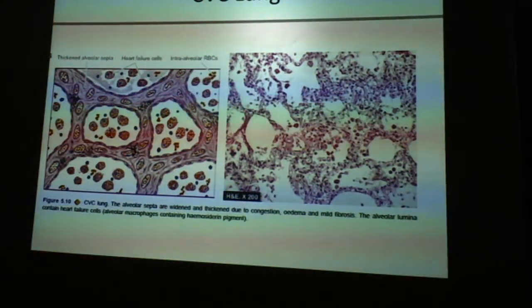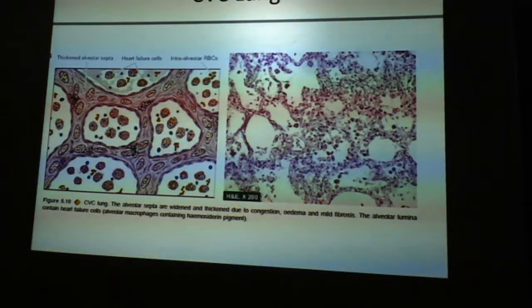These are the heart failure cells. This is the classical picture of CVC of lung tissue. Here you see the thickened alveolar septa, heart failure cells, and intra-alveolar RBCs. This black pigment is the carbon pigment which you normally see in anybody's lung tissue. This is the histopathological picture of chronic venous congestion of lung.